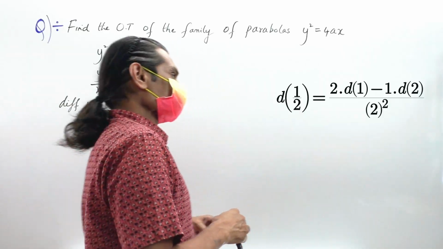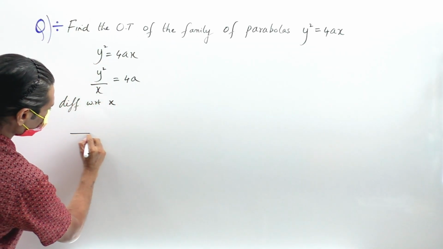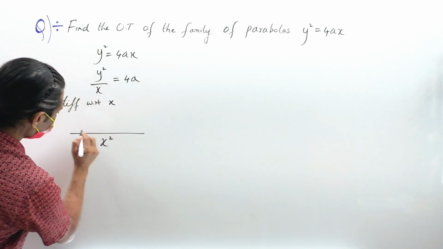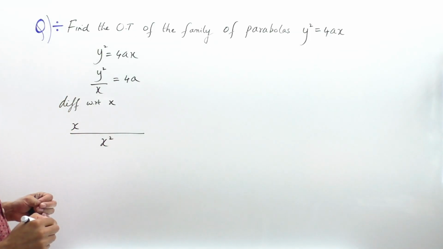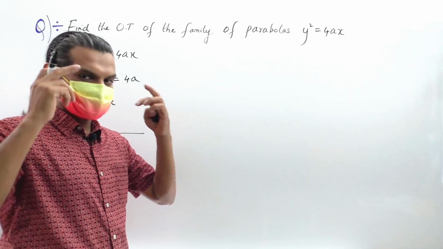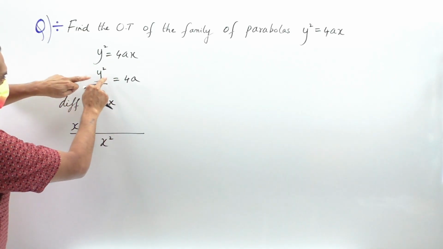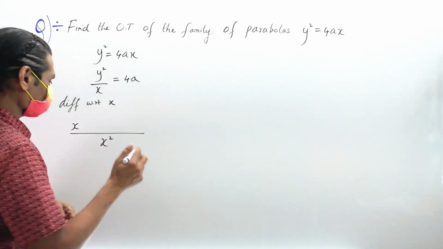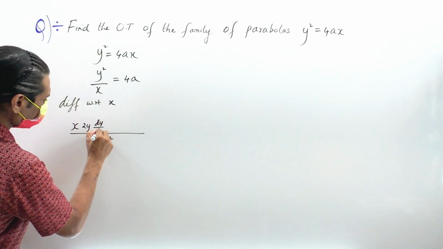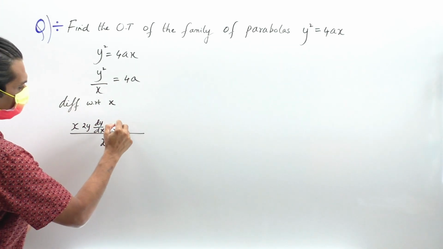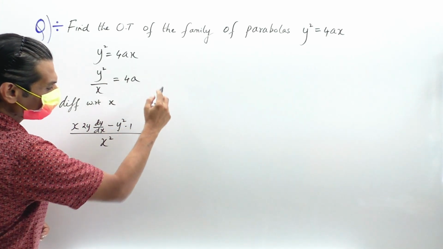So let's apply the quotient rule here and differentiate. This is the first and the second function, we have x square, x as it is in the numerator. For those who are finding difficulty in the quotient rule, listen carefully. Denominator square, the denominator as it is, differential of y square, chain rule, is 2y into dy by dx, minus y square as it is, differential of x is 1, equals what?